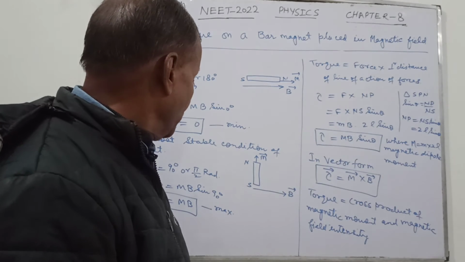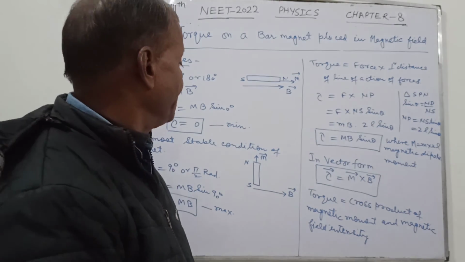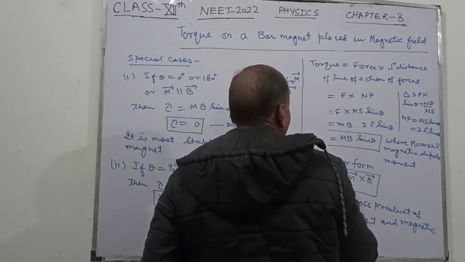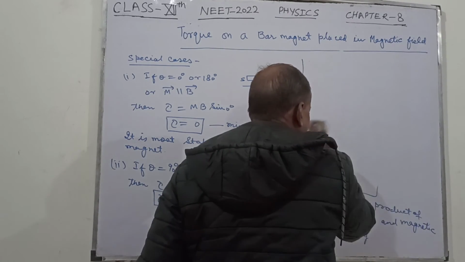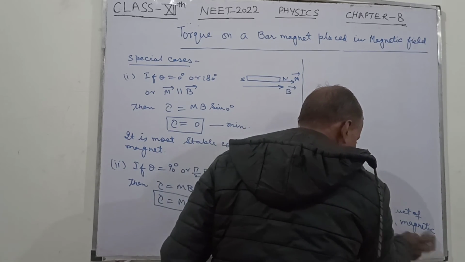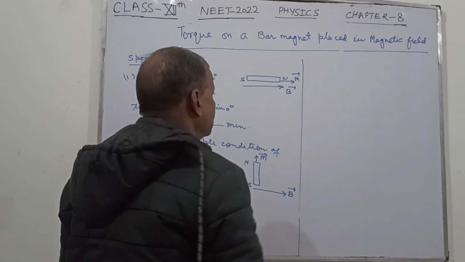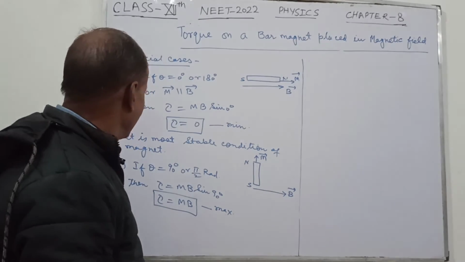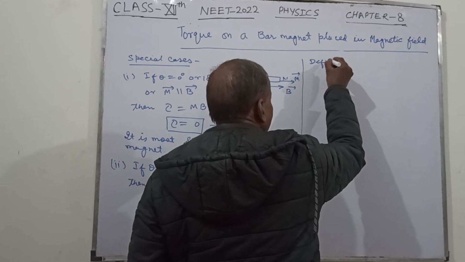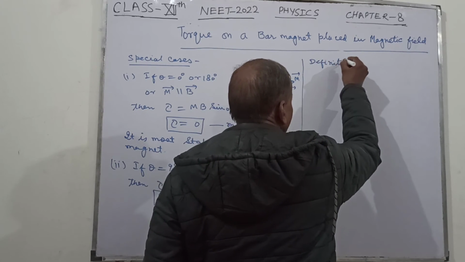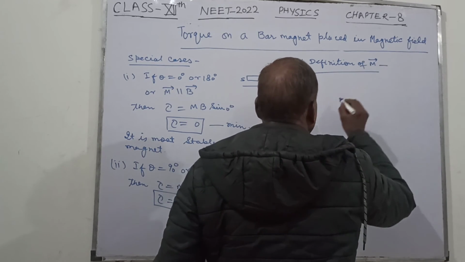So from here you can also define the magnetic moment in terms of the torque. Definition of M, the magnetic moment.